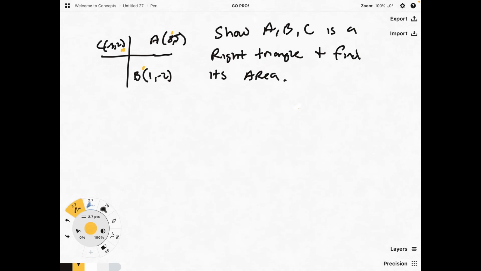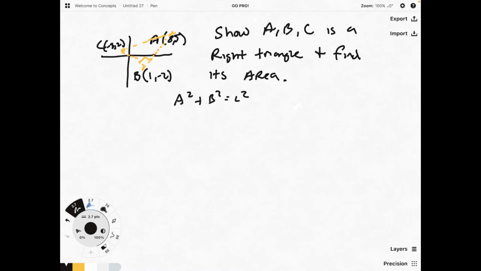If we connect the points on this graph, we are trying to show that A, B, and C is a right triangle. If we think about the Pythagorean theorem, we know that for a right triangle, a squared plus b squared is equal to c squared.